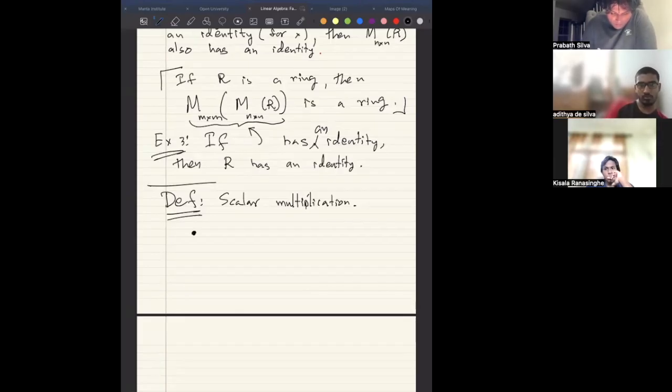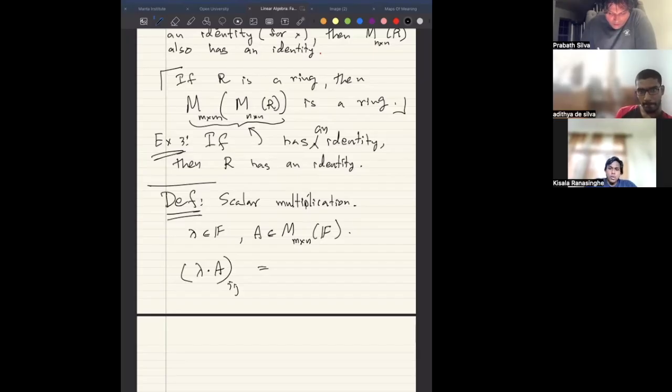Let's say lambda is in a field F, and you have an M by N matrix A with entries from F. Then lambda times A, the ijth entry, is simply lambda times Aij. Okay?